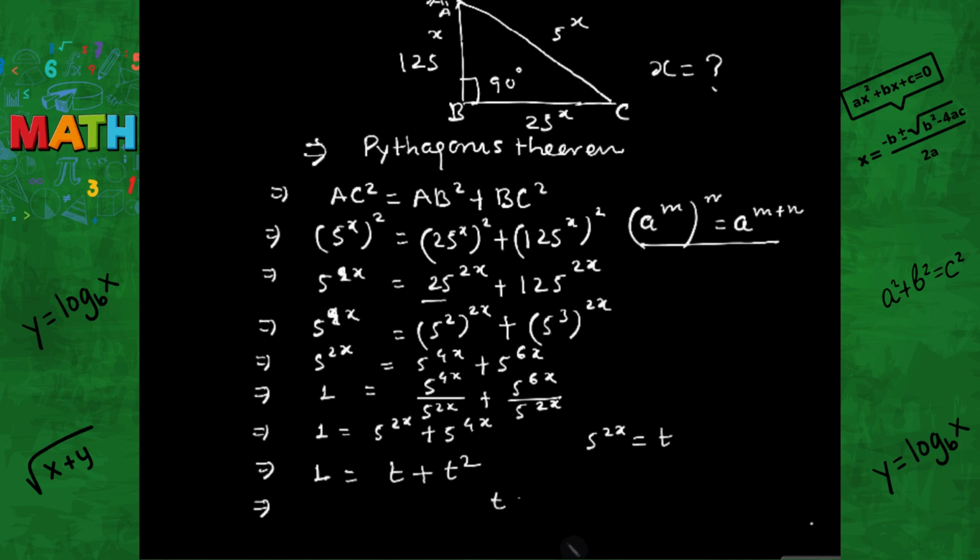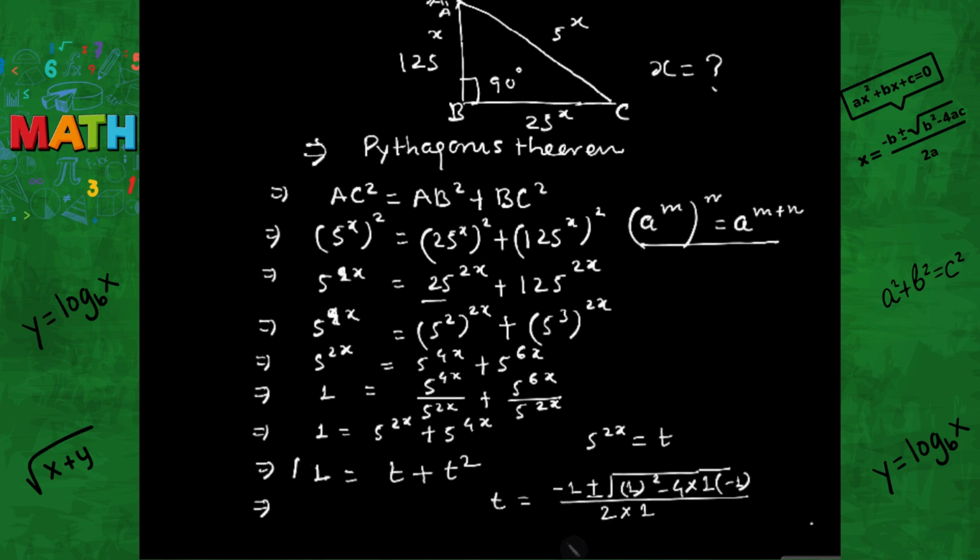So t is equal to minus b, so minus 1, plus minus under root b square, so 1 square, minus 4ac. A is 1, and c you have to transfer, so this becomes minus 1, upon 2a, which is 2.